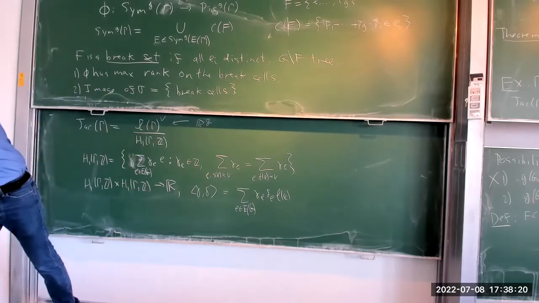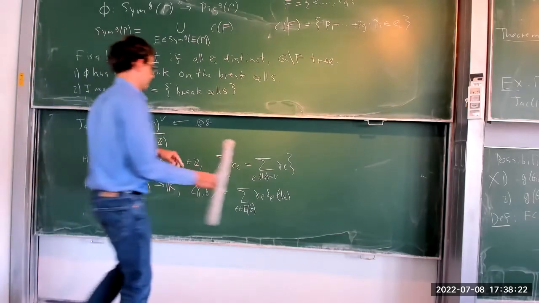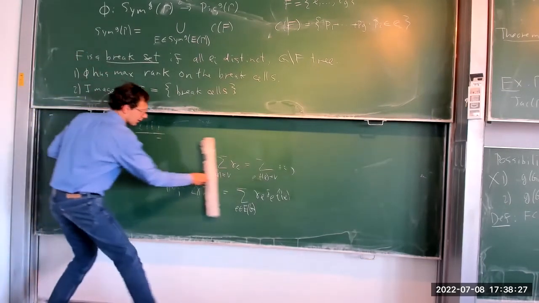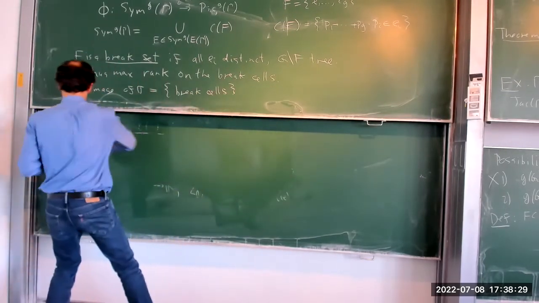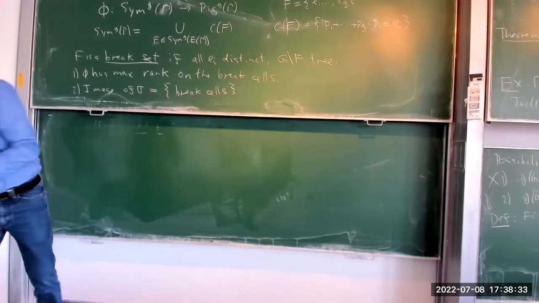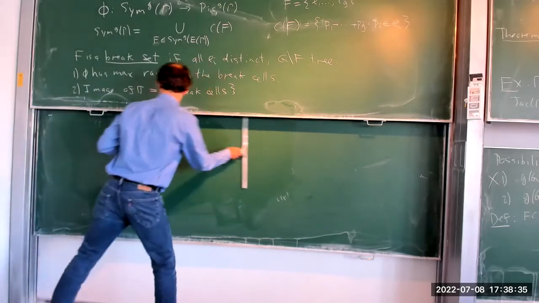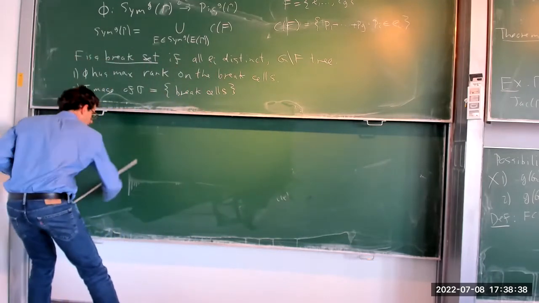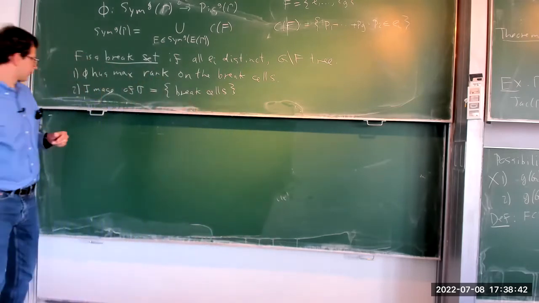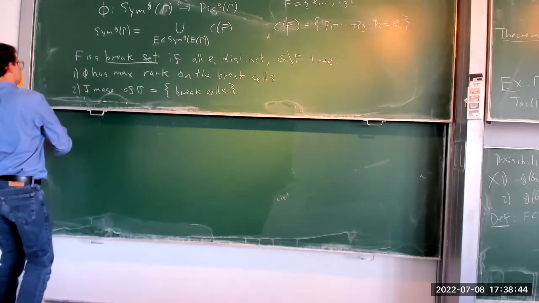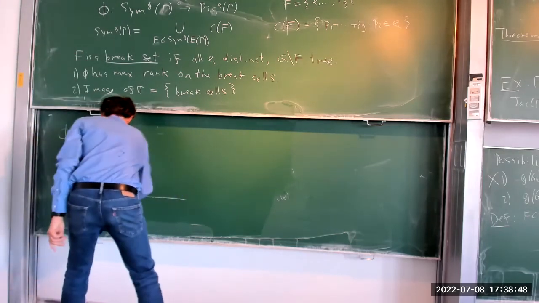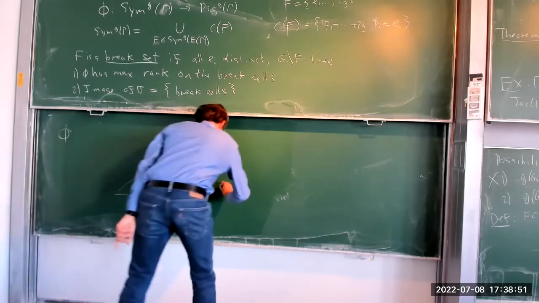So locally, the way the Abel-Jacobi map looks is that the Jacobian, I'm just going to think, locally looks like R to the G, right?